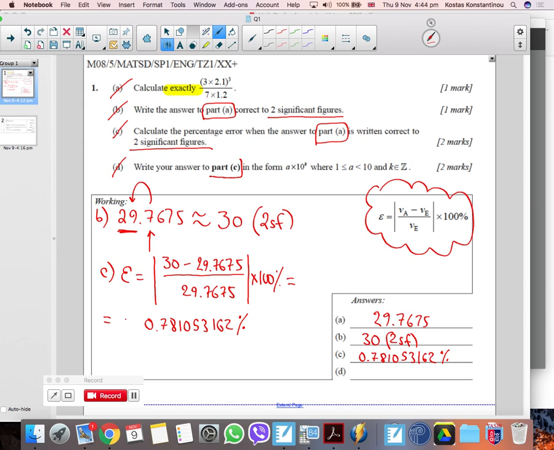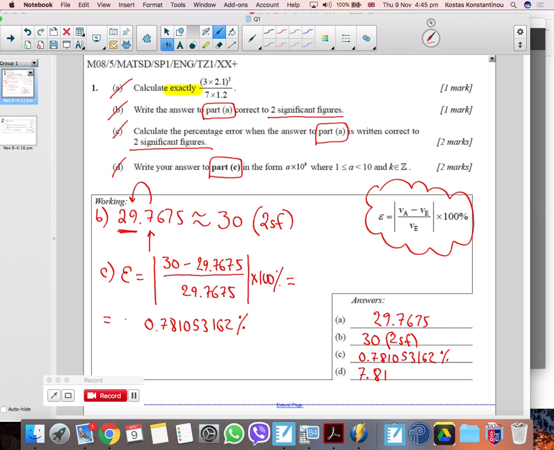I read carefully. In the form A times 10 to the power of K, where A is a number between 1 and 10, 1 included, and K is an integer. So clearly here, because I see 0.78, is a number less than 1, so I have to move the decimal point 1 place to the right to make it bigger than 1. So my answer is 7.81.